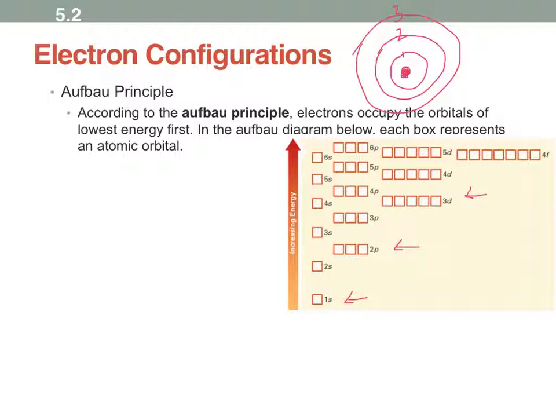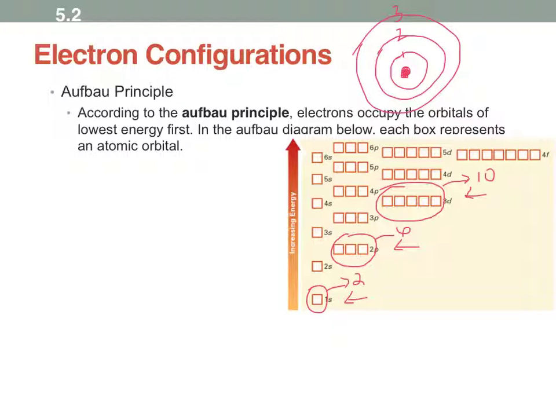Remember, we talked about an s orbital has 1 orbital. That's why they're showing 1 box there. When you get to a p, there's 3 orbitals. When you get to a d, there's 5. And remember, within those orbitals, there can be 2 electrons. So there can be 2 in this one, there can be 6 in that one, and this one can hold a total of 10 electrons.